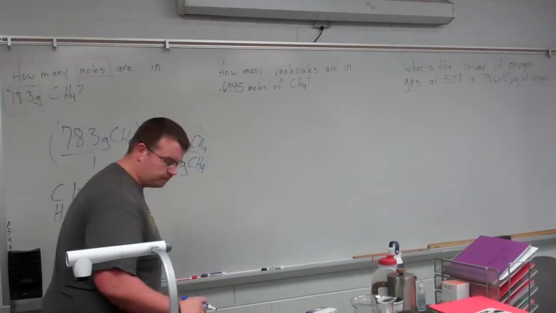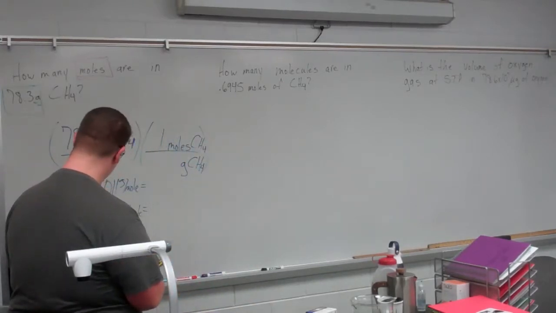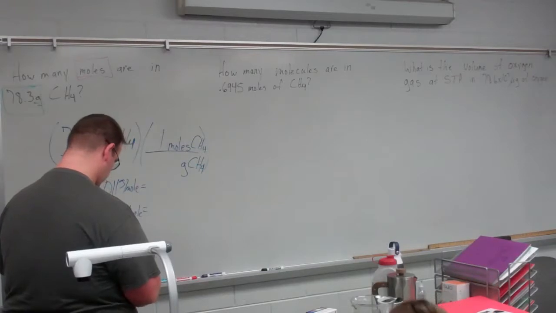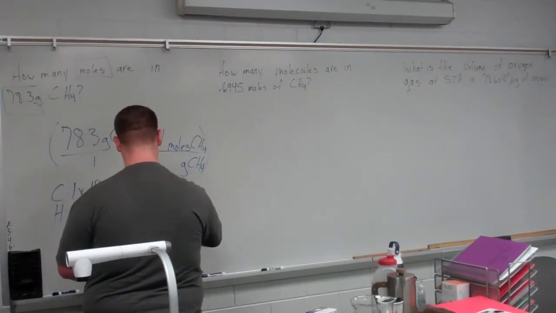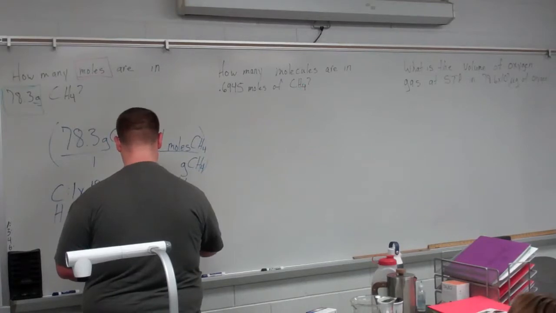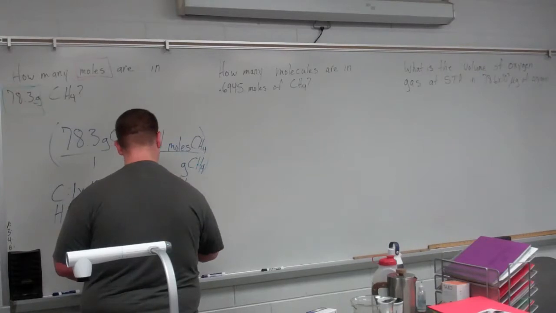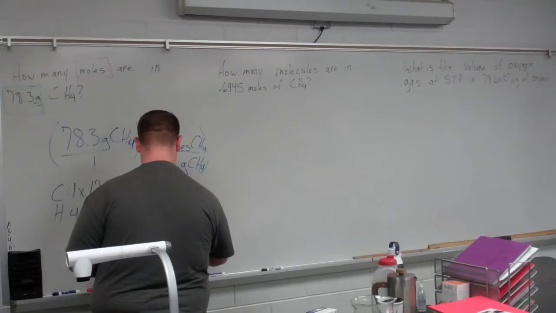Pull up my calculator. Carbon's just going to be 12.011, then we get 4.032 grams per mole for the hydrogen. Add these 2 numbers together to give us 16.043 grams per mole.